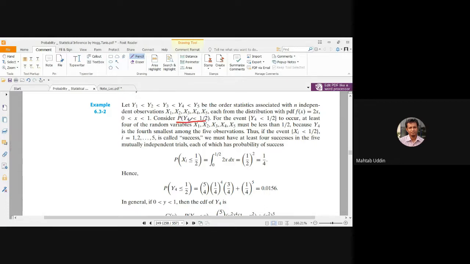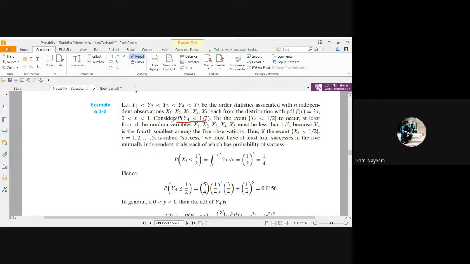Then it is said that consider P(y4 less than half). Since y4 is less than half, definitely y1, y2, y3 also less than half, right? Yes, sir. কারণ তোমার যদি y4 ছোট হয়, বাকি অবশ্যই ছোট হবে, তাই না?